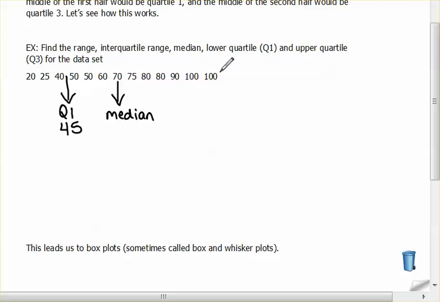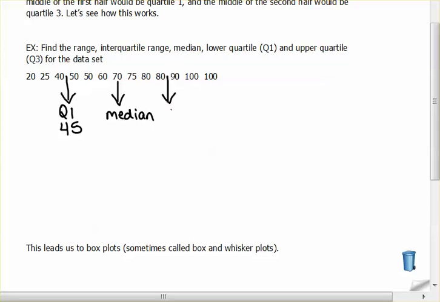If I do the same thing in the upper end, on the top side of the median, I block these numbers off until I find the exact middle, and then I'm going to erase what I have. I see that it's right smack dab in between the 80 and the 90.